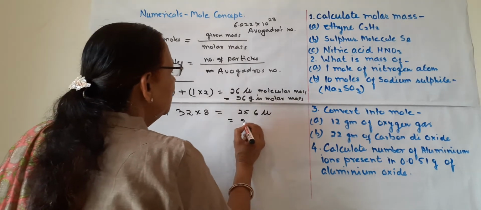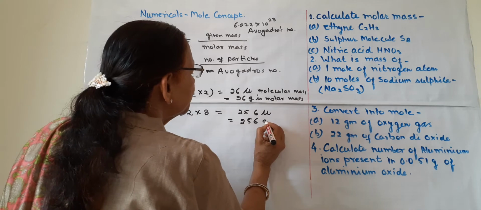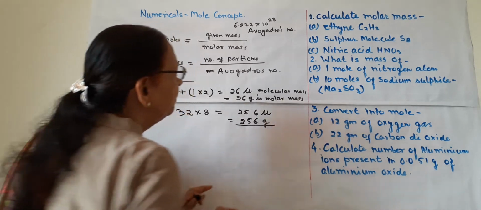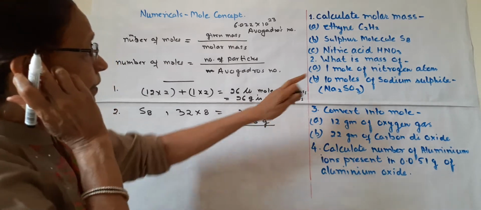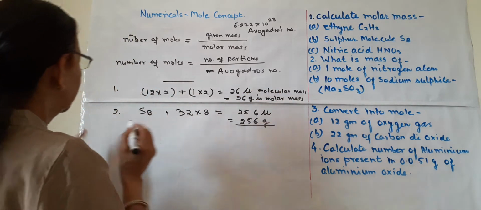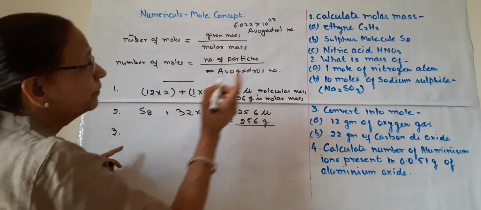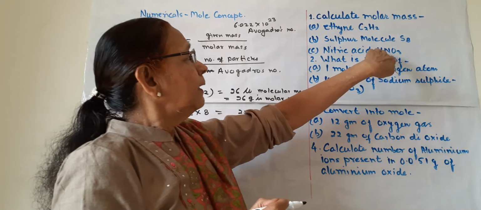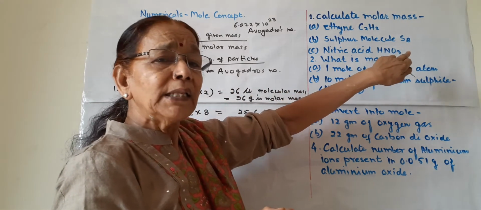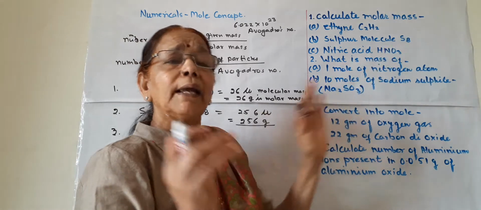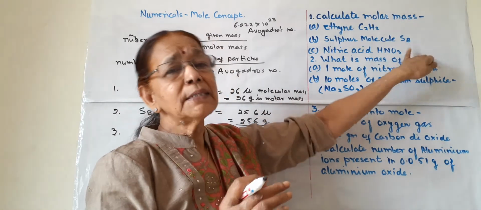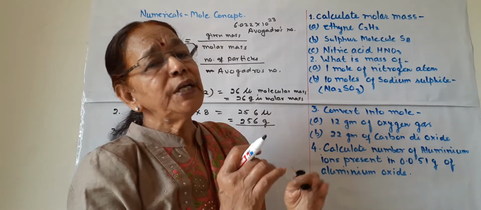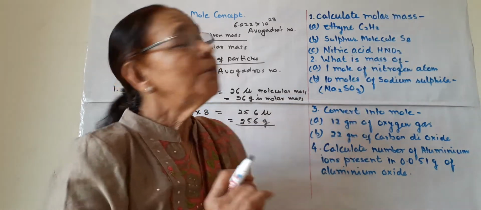And when we want to change it to the molar mass, it will be 256 grams or G. Next is nitric acid. Nitric acid, first we take the atomic masses of all the elements and then add up all those, then we have molecular mass, change U with G, and you will have molar mass.